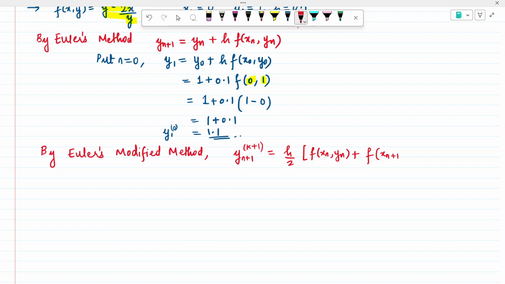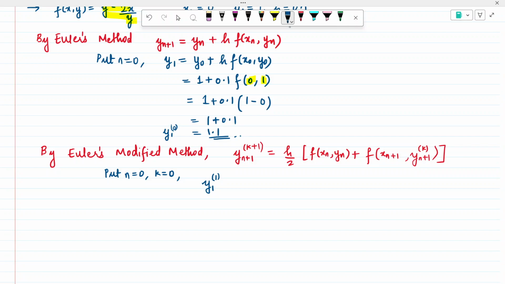I'll write it as k plus 1th approximation, comma y n plus 1 kth approximation. Let's not complicate this much. यहाँ पे n की जगह पे 0 and k की जगह पे 0 डाल देंगे. When I put n and k both 0, I'll get y1. I'm trying to find the first approximation.